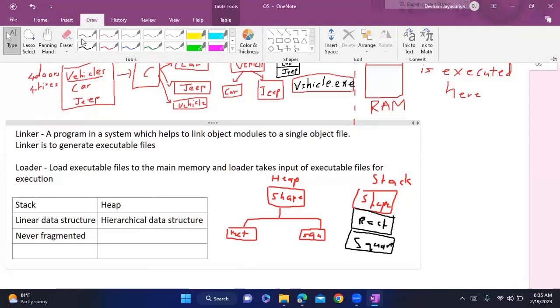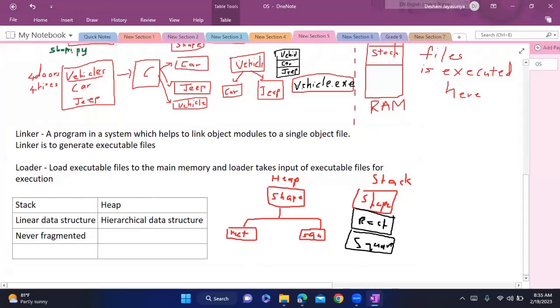So based on the memory, when it comes to a heap, it will be storing it as small fragments in here.